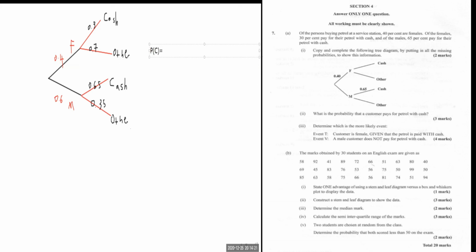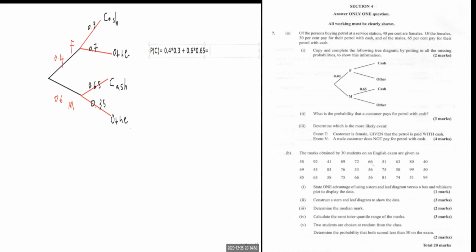The probability of the person paying with cash, it can either be a female paying with cash, so that's 0.4, probability of female, times 0.3 for cash, plus it can be a male also paying with cash, so that's 0.6 times 0.65. That will give you the probability of a person paying with cash.